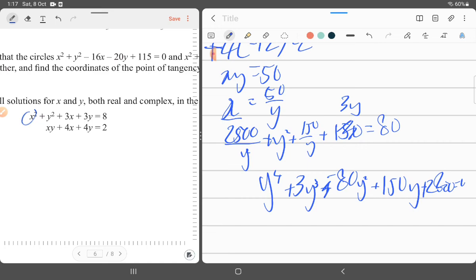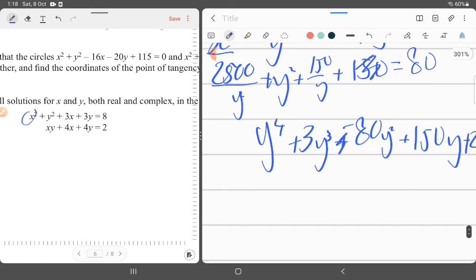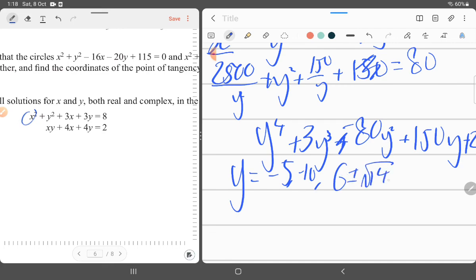I get quite weird numbers. I get y equals negative 5, negative 10, 6 plus or minus square root of 14i.